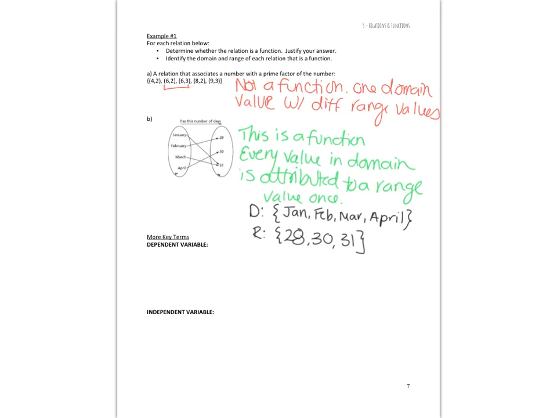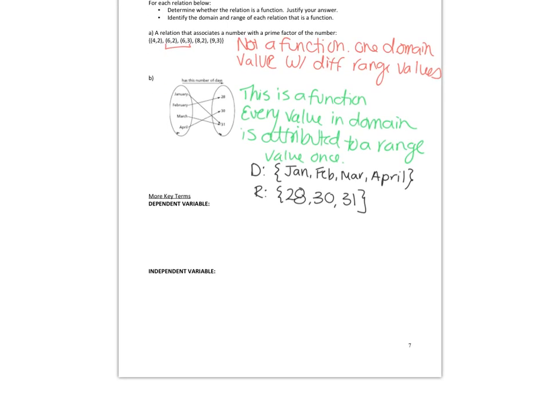A dependent variable, a few more definitions here. A dependent variable is one that is the output or y value. It's listed second. In science, we would call this the responding variable.